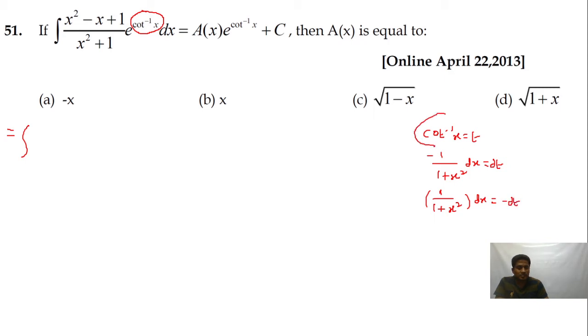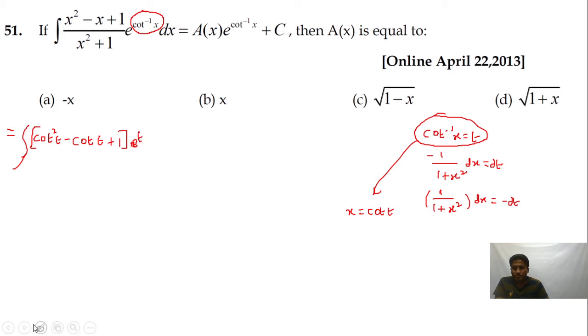From this I can write x is equal to cot t. So this x will be equal to cot square t. Okay, x is equal to cot t and then plus 1, and cot inverse of x is equal to t.